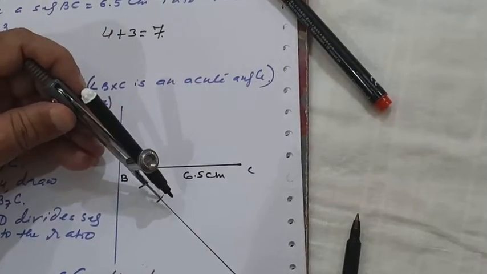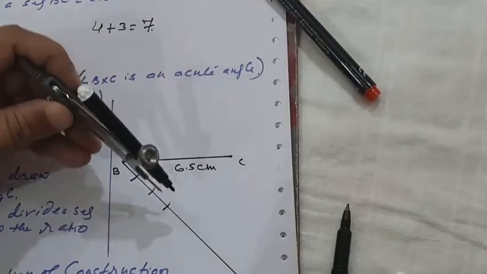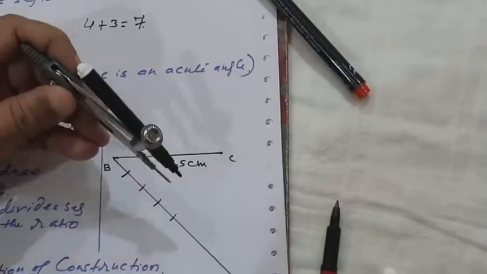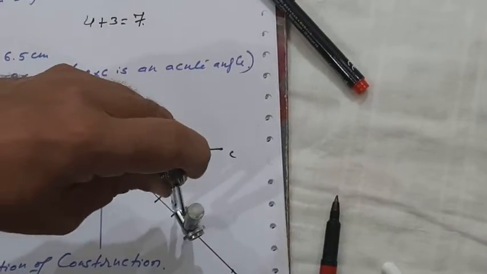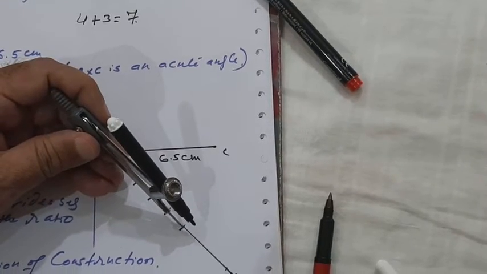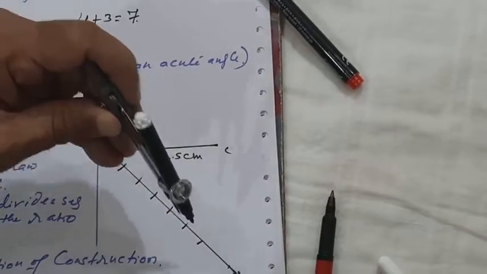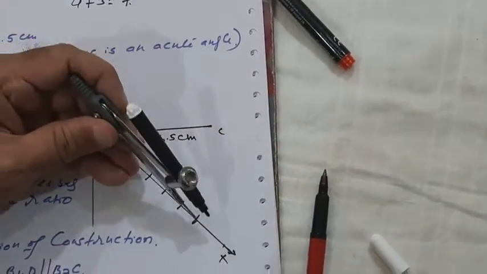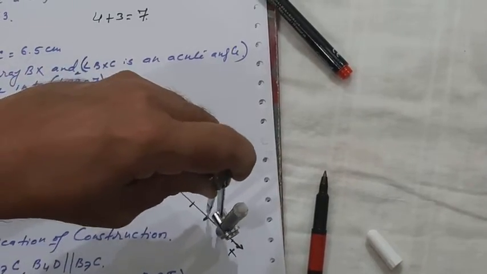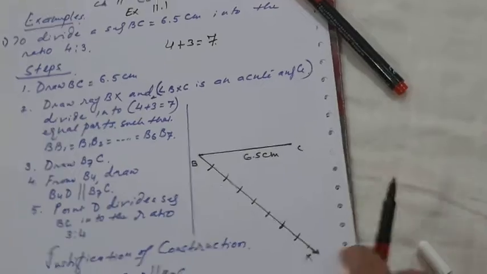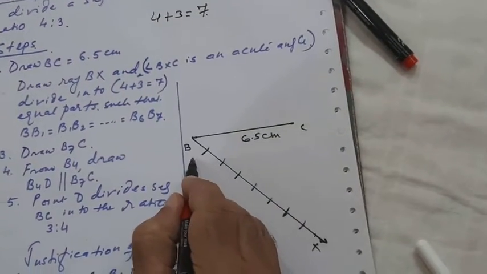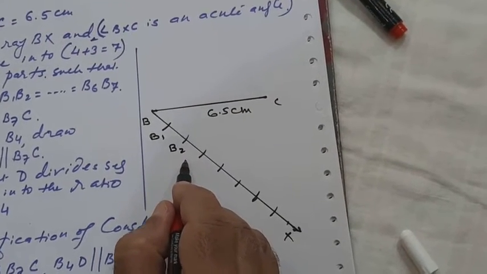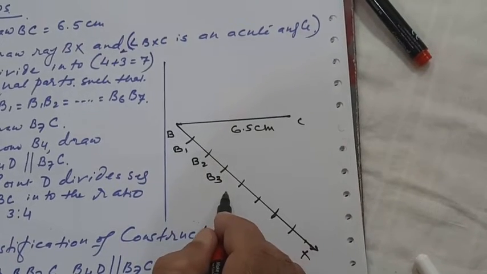2, 3, 4, 5, 6, and 7. Label it as B1, B2, B3, B4, B5, B6, and B7.